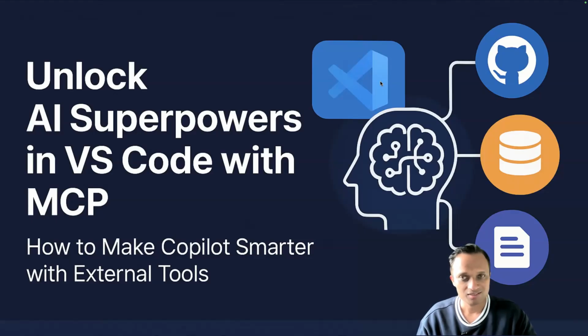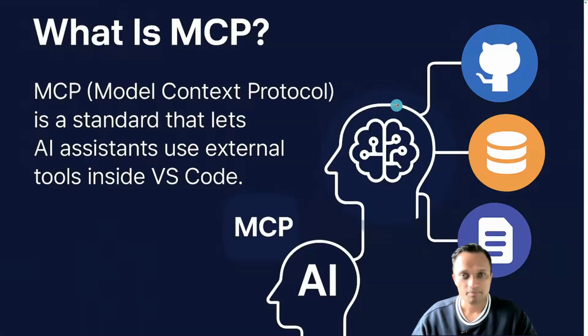And if you have not heard, it's a buzzword in AI assistant development. It's basically changing how AI tools like Copilot can interact with different external tools inside Visual Studio Code. So let's talk more about MCP.